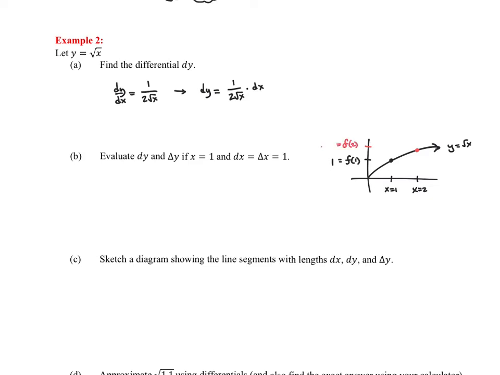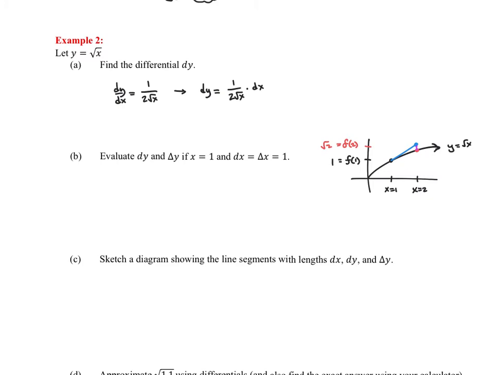And f of 2 I know is the square root of 2, but I want to approximate it using my tangent line. Right? My tangent line will yield me some value. And this value, when we talked about error, would be that far off, that purple space, right?